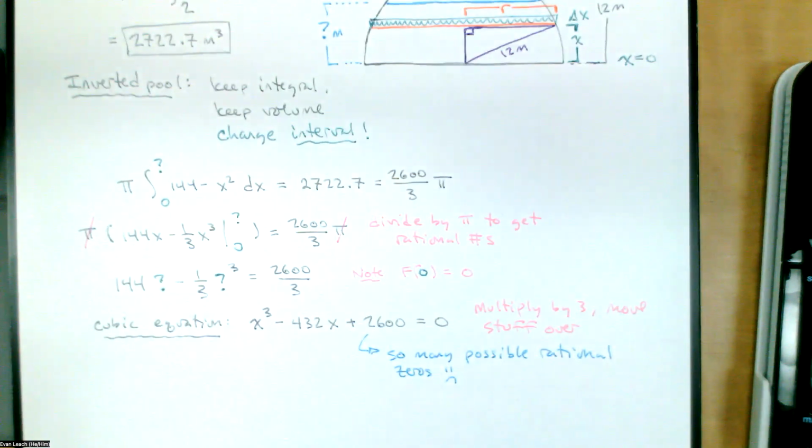There are so many choices for possible rational zeros, and we did not get something that was very obviously factorable, at least not immediately. Does anybody see an obvious factoring, an obvious zero? It doesn't jump out at us.